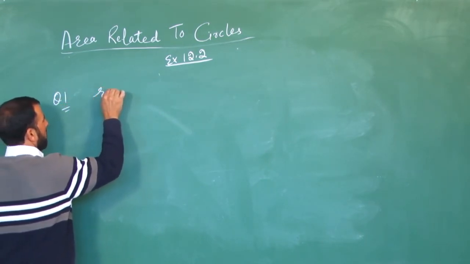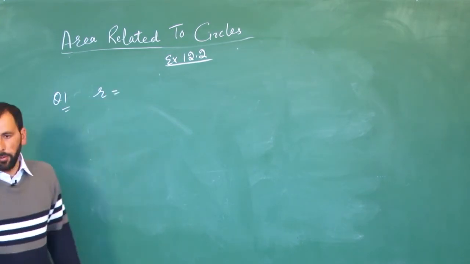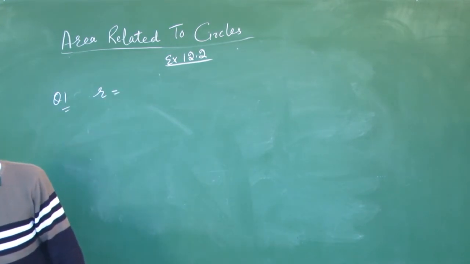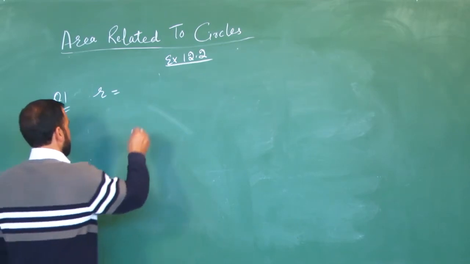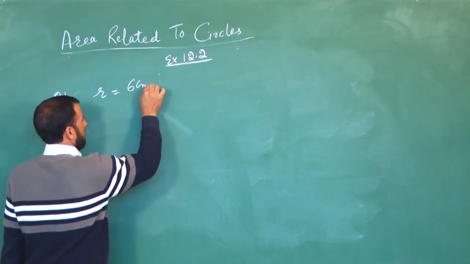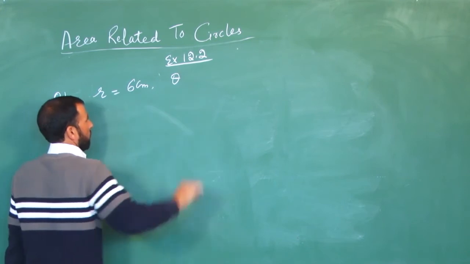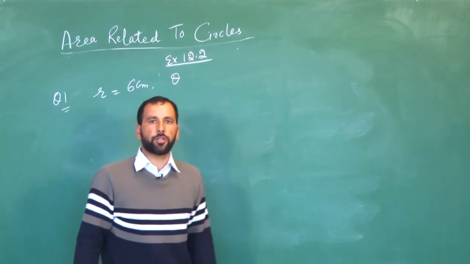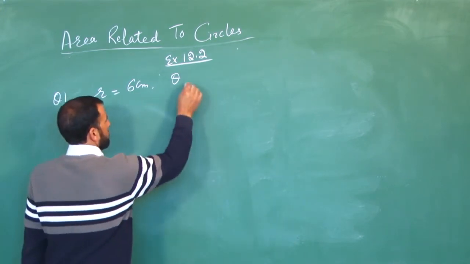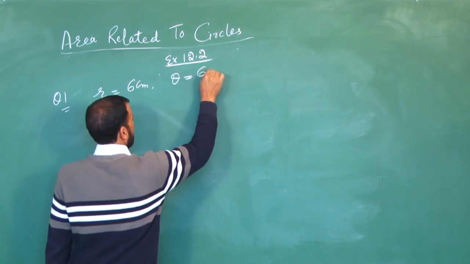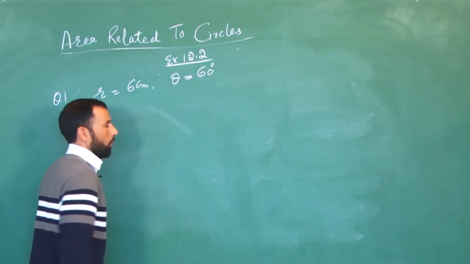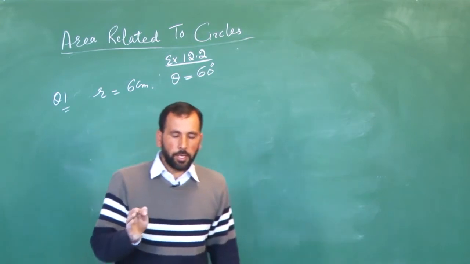Radius r is equal to 6 centimeter. And central angle, we generally denote it by the letter theta, is equal to 60 degrees. This one is given. We have to find out the area of the sector.